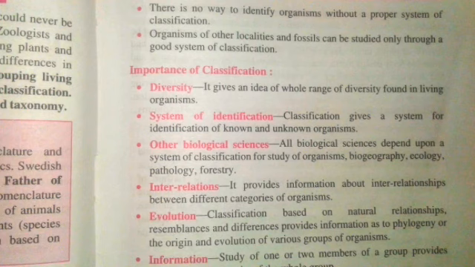The study of one or two members of a group provides information about the whole group. So guys, this is all about classification: what its purpose is, what its definition is, what the need is, and what its importance is.